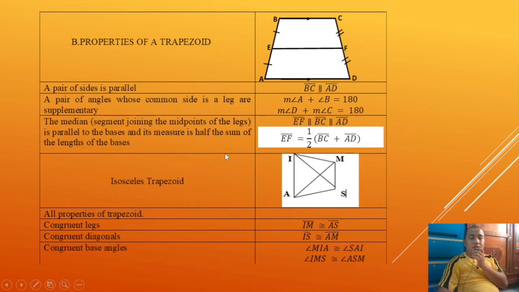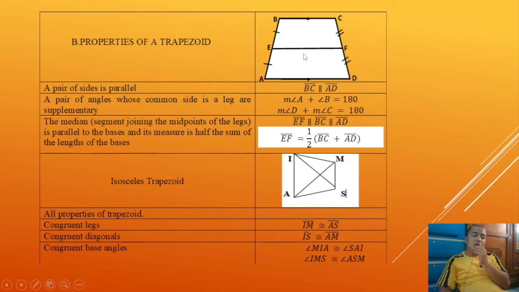Alright, next, let's also review the different properties of a trapezoid. So we have here trapezoid ABCD with the midline EF. A pair of sides is parallel.